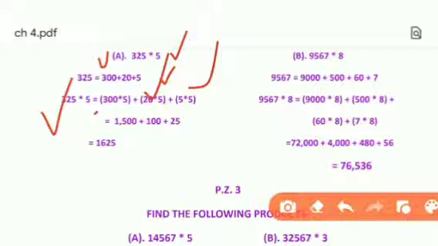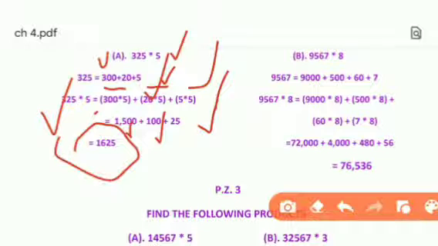After multiplying the first, we are getting 1500. After multiplying 20 into 5, we are getting 100. After multiplying 5 into 5 we are getting 25. Now our answer is 1625.